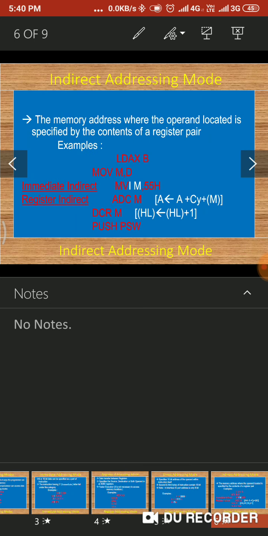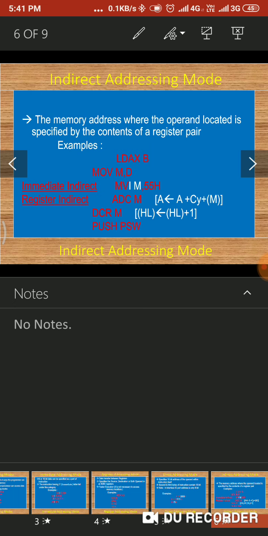Next is indirect addressing mode. That is, the memory address where the operand is located is specified by the contents of a register pair. Here the address is not specified in the direct manner, it is specified in an indirect manner. For example, take MOV M, D. Here D is a normal register, M is a memory register, that is the HL register pair.